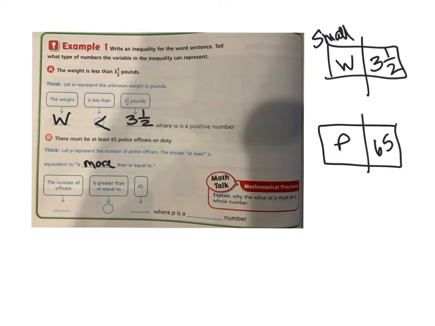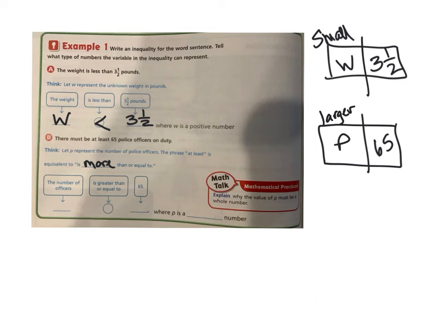Does this number P need to be bigger than? If I have to have at least 65 police officers, does that mean this needs to be more than 65 or less than 65? It means at least 65 is the minimum I can get, and otherwise it needs to be more than that. So this value, whatever it is, is going to be the larger one.